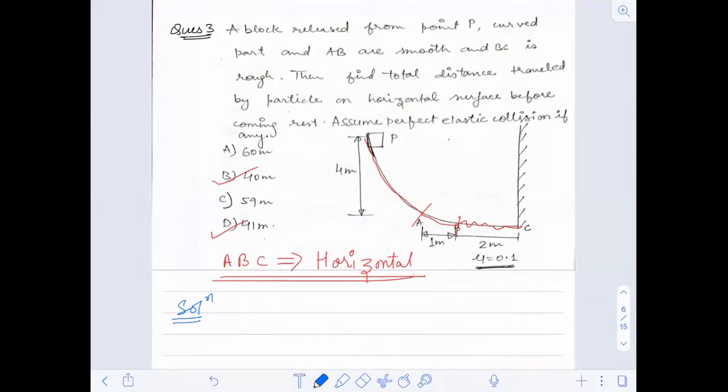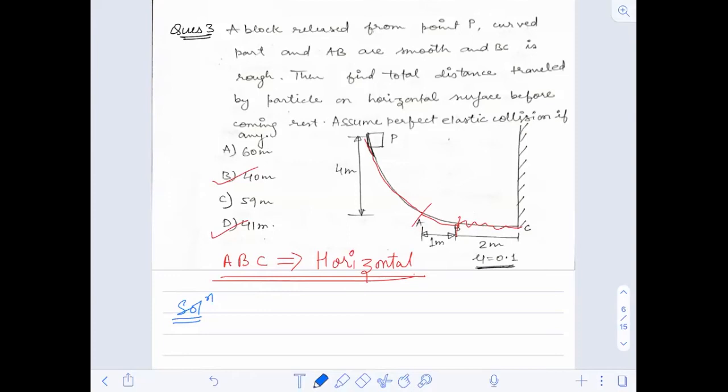One is saying D and the remaining two, three people are saying B. Now see, at P point we have potential energy, that is mgh, and till C point I have only 2 meter of length where there is friction, and the remaining AB part is smooth and that curved path is smooth.